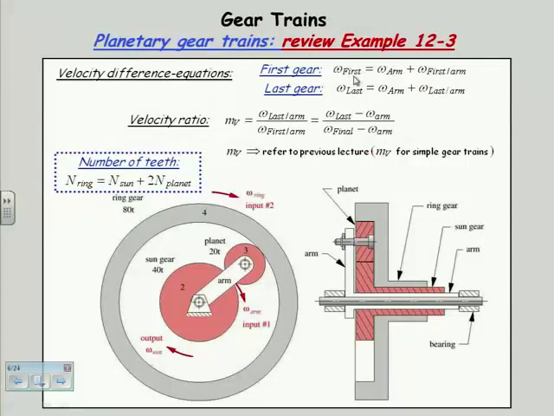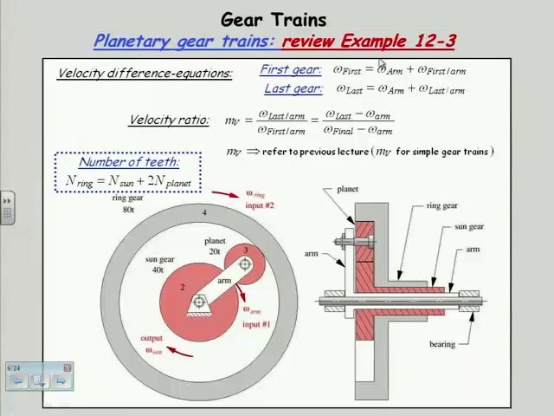If you recall, they have the form omega of B is equal to omega of A plus omega of B versus A. And here the B's and the A's are going to become the first gear and the arm in this case, and the last gear and the arm in that case. So this is the relative velocity of first versus arm, and that plus, vectorially plus, the omega of the arm gives me the absolute velocity of the first gear.